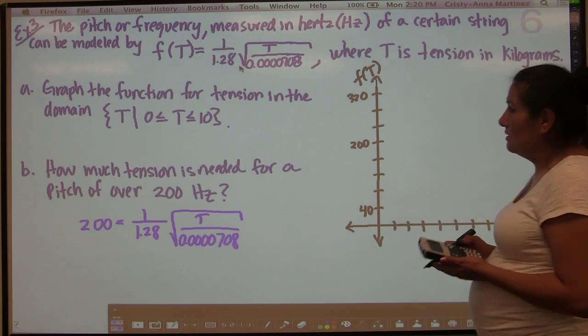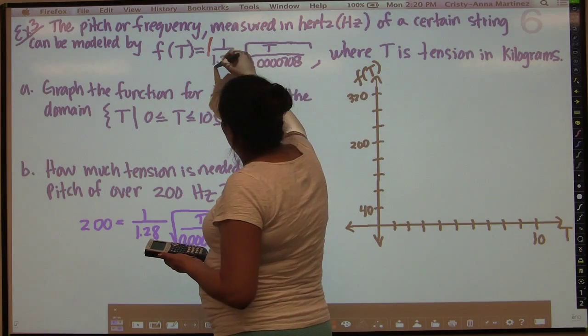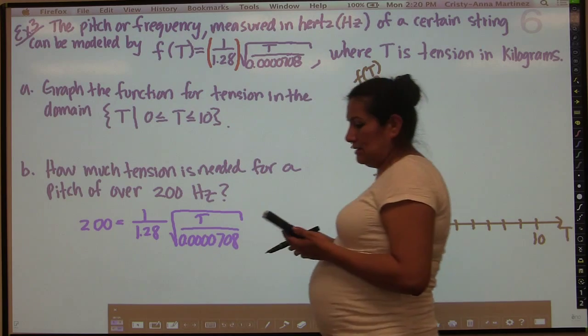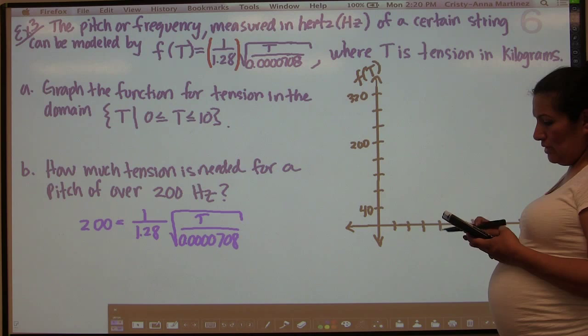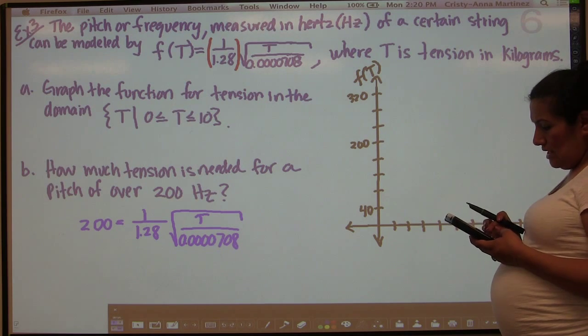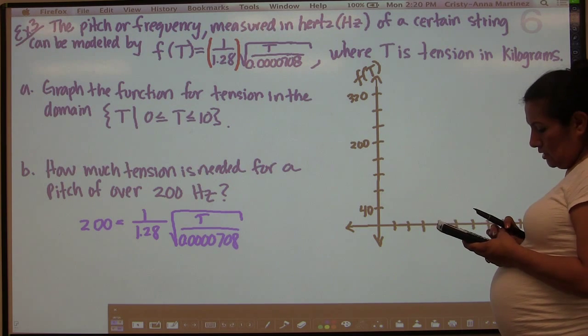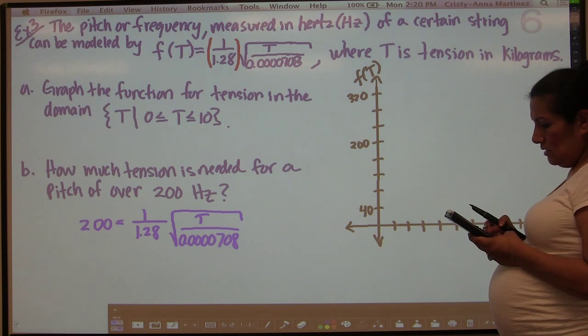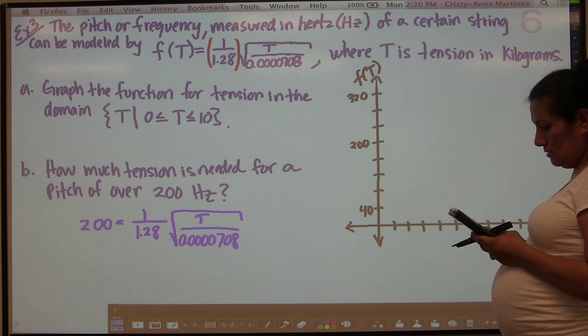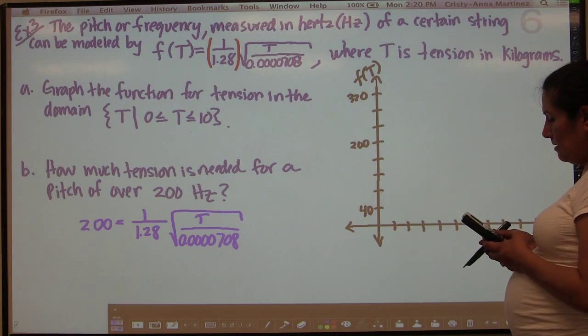I'm putting that in parentheses. I want to make sure that if you're doing this with me, you can. I put that in parentheses, and then I times that by the square root, also in parentheses, of my variable divided by 0.0000708. Close that, and then graph it.